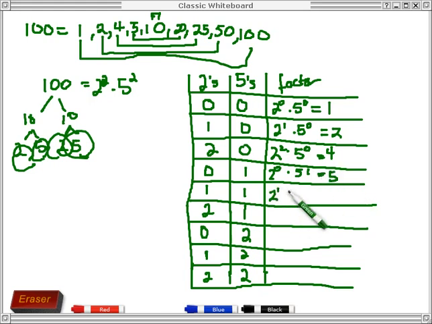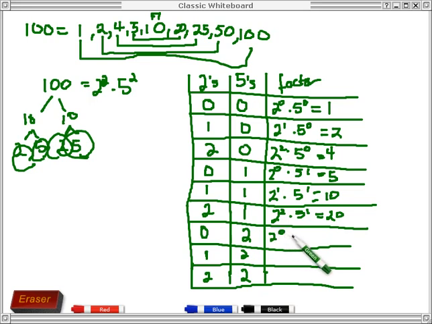Now 2 to the 1 times 5 to the 1, well, 2 times 5 is equal to 10. And then 2 squared is 4 times 5 to the 1 is 5. 4 times 5 is 20.